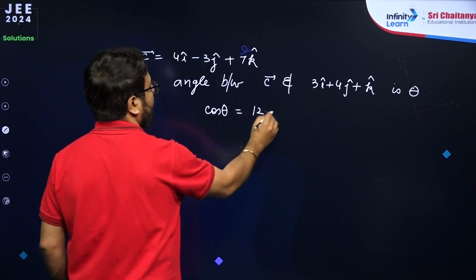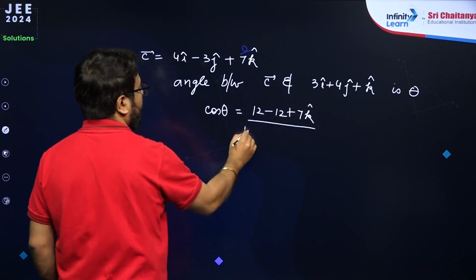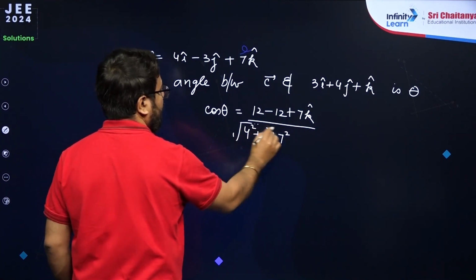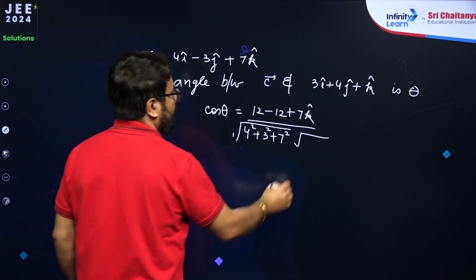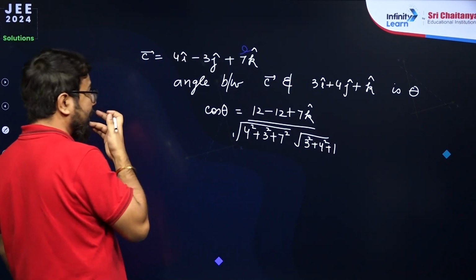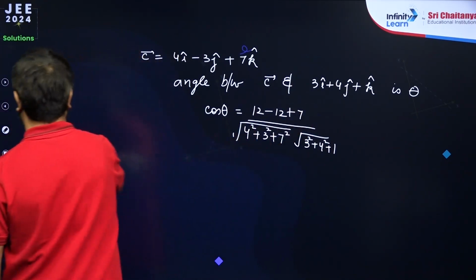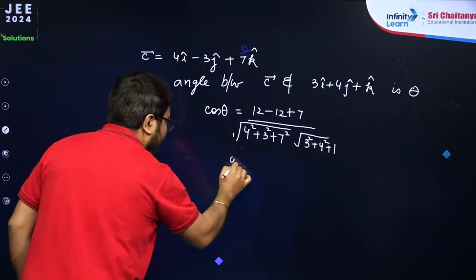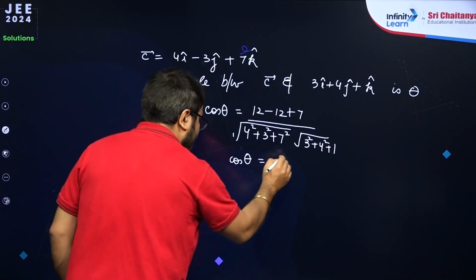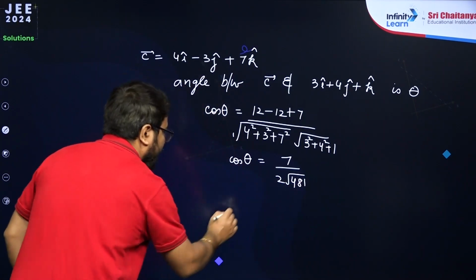A dot B divided by modulus of A and modulus of B. So it is 3, 4, 1. In this way this k will be removed actually. This is 7 into 1 itself. So in this way I will be able to write the value of cos theta, my dear students. The value of cos theta will be 7 upon twice of root over 41.